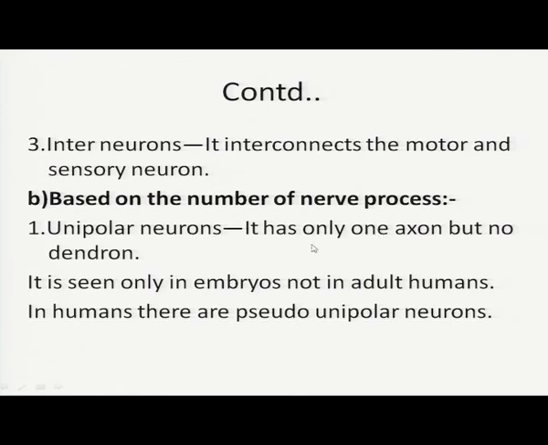It is only an axon, no dendron. Such neurons are known as unipolar neurons. Normally, these unipolar neurons are seen in the embryos, not in the adult humans. In humans, there are pseudo unipolar neurons.